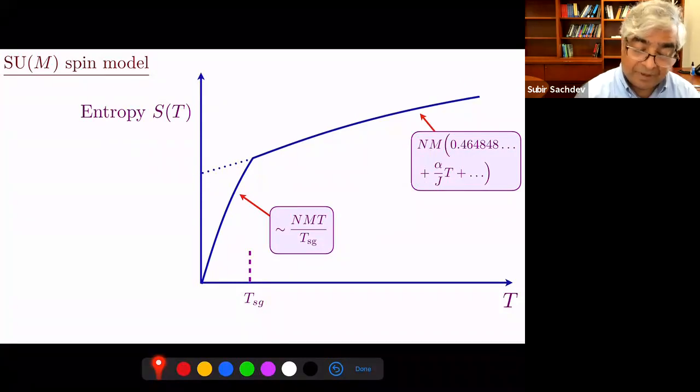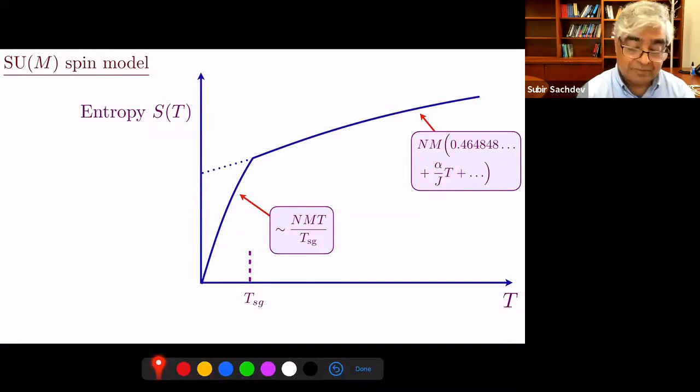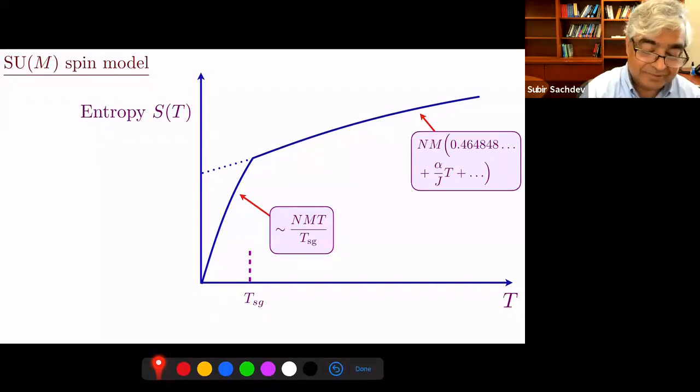Now in the SYK model, as written down by Kitaev and various generalizations, this is the behavior down to exponentially small temperatures, temperatures of order e to the minus N. In the SU(M) model, the spin model, it's only a behavior down to temperatures of order e to the minus square root of M. M, not N. And now we're interested in M equals 2. N, we're fine. We can send N to infinity, but we don't want to send M to infinity.